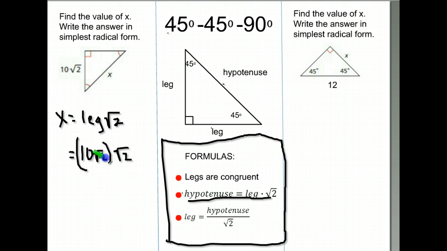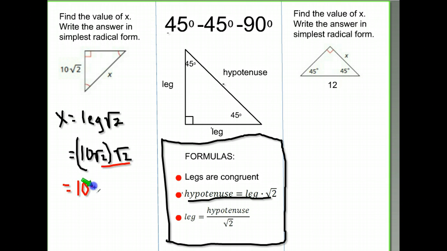Now you can do that on a calculator if the simplifying isn't as fun, but make sure you put both root 2's in there: 10 times the square root of 2 times the square root of 2. The other way you can do it is you can multiply square roots.